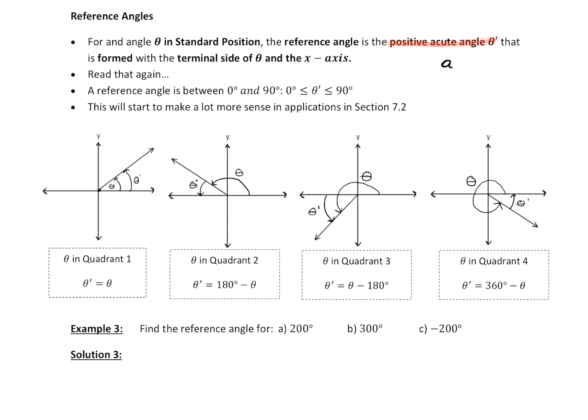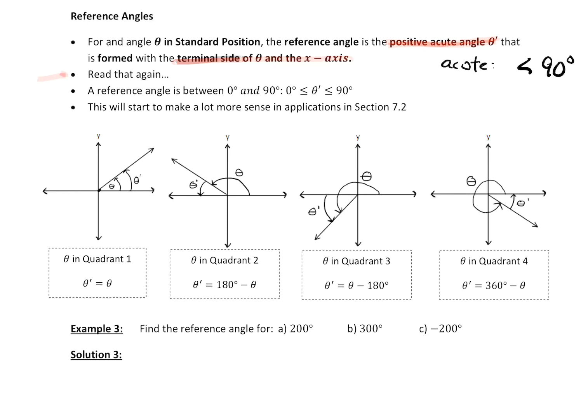Acute means less than 90 degrees. And very important, it's the terminal arm formed with the x-axis. Terminal arm formed with the x-axis.